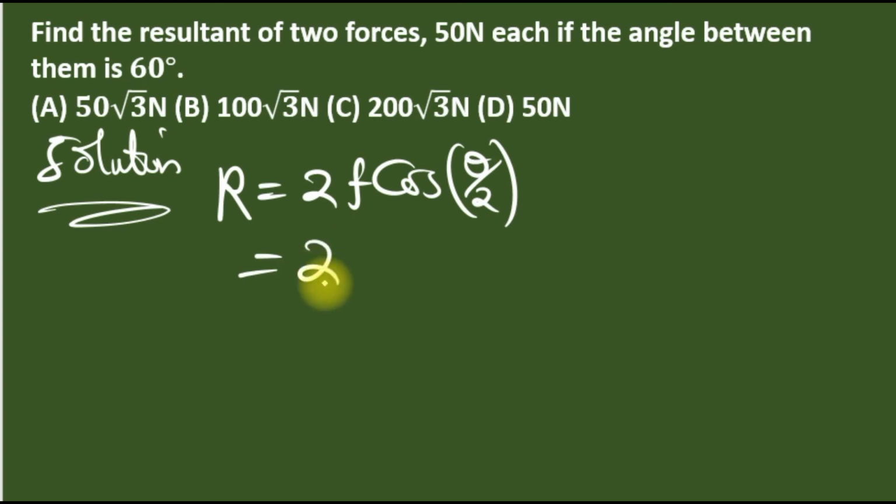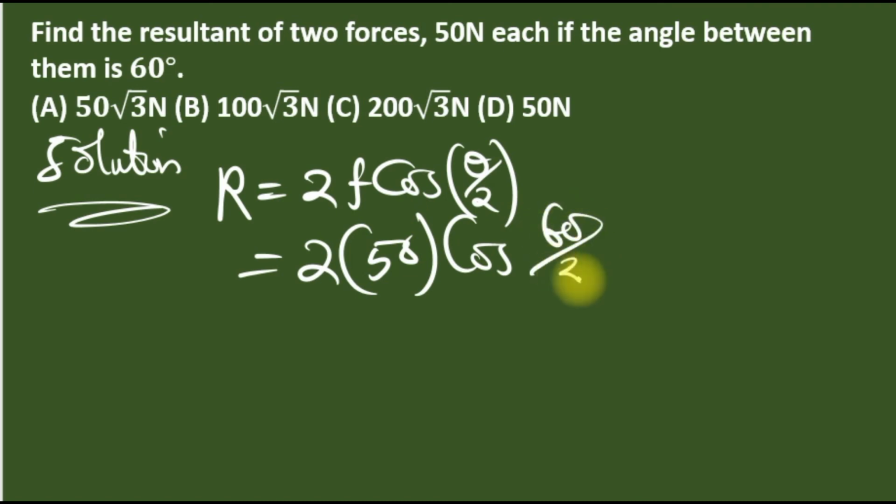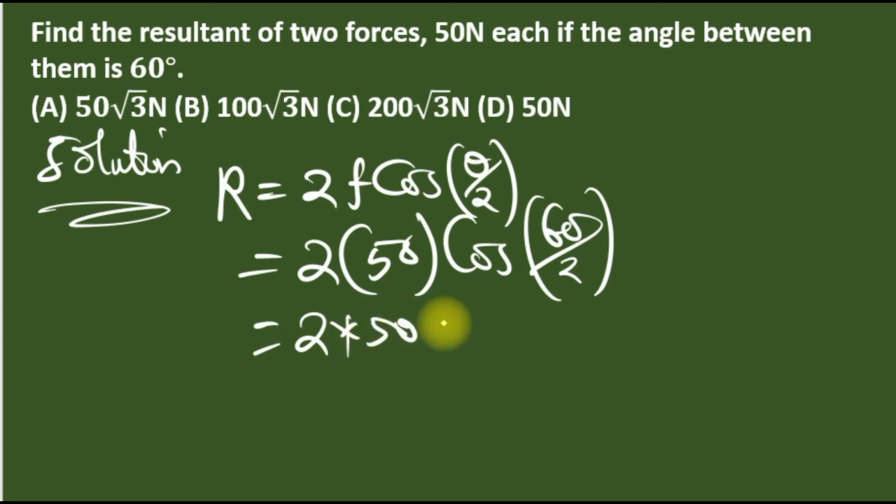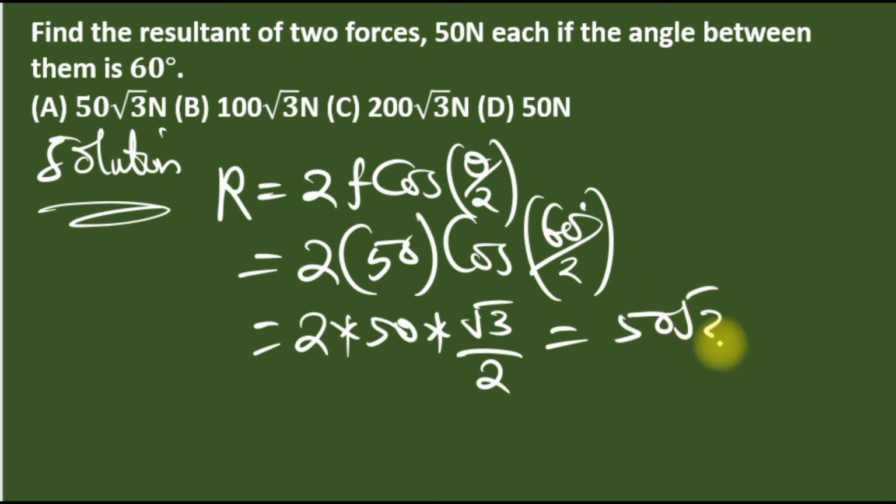So which is now 2 times 50 cos. What was the angle? 60 over 2. So this is 2 times 50 times cos 30. Cos 30 is root 3 over 2. So our answer is 50 root 3. Option A. So you don't need to waste your time here.